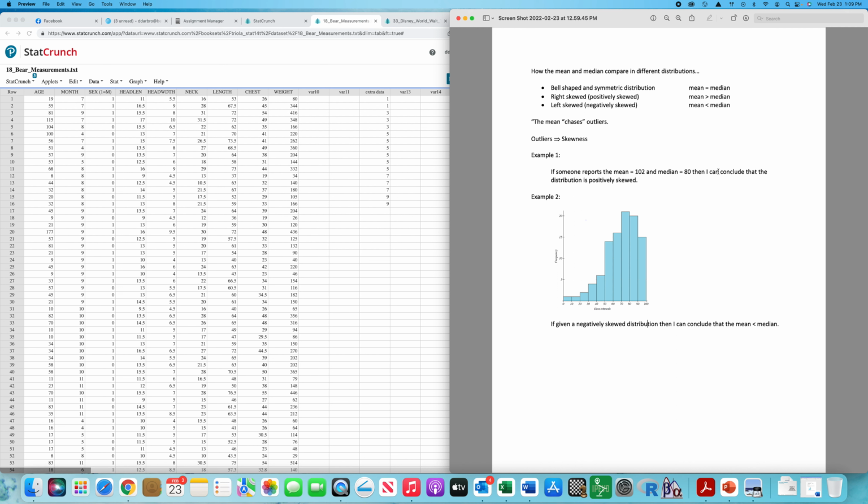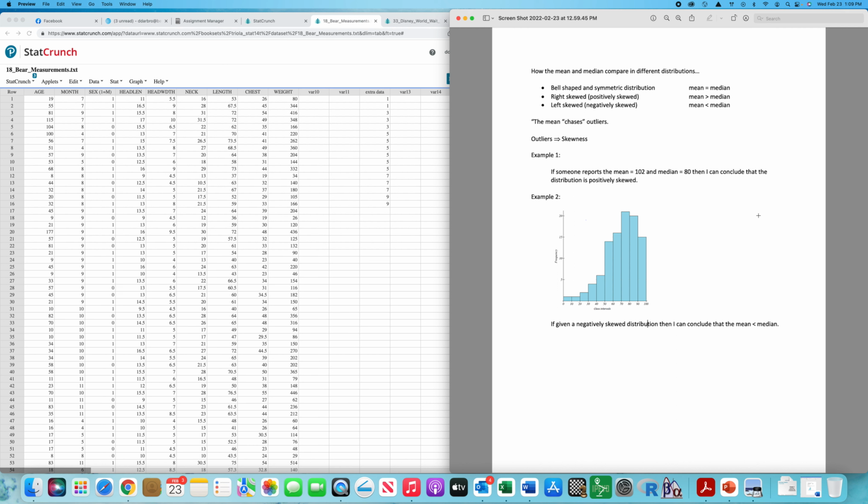The reverse of that is if someone gives me a histogram and I can examine the distribution, which I can do right here, and conclude that it's a negatively skewed distribution, then I can make an estimate of the mean and an estimate of the median, but I can be pretty much guaranteed that the mean will be less than the median.